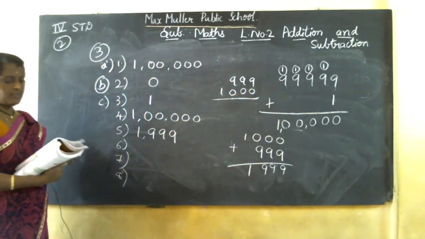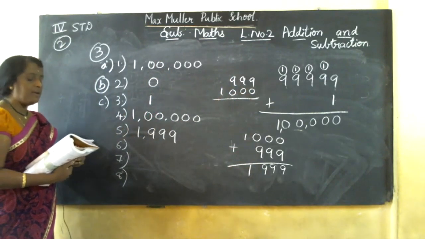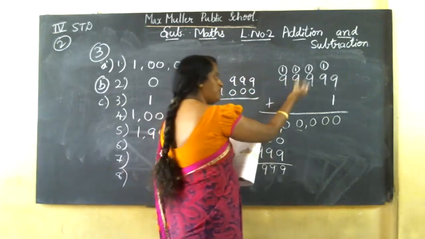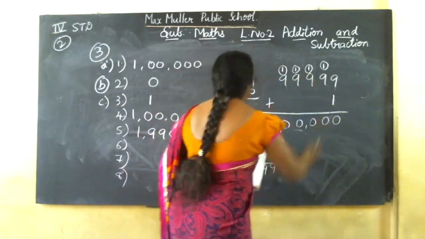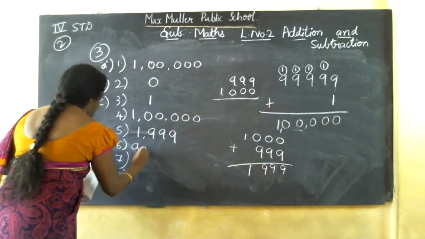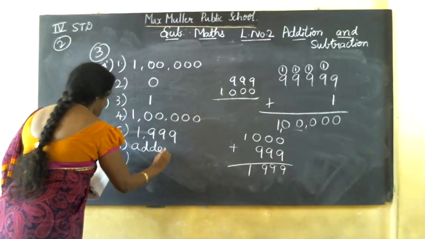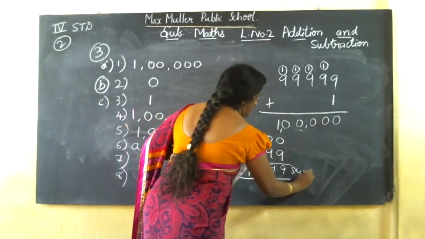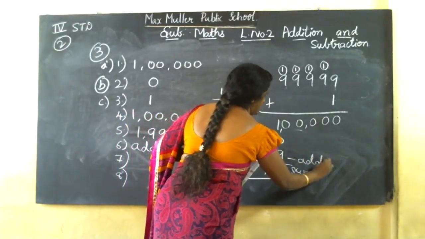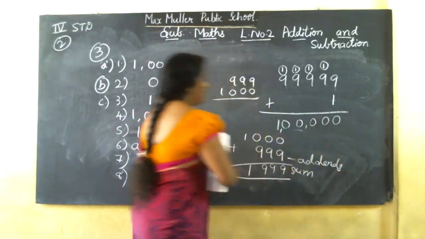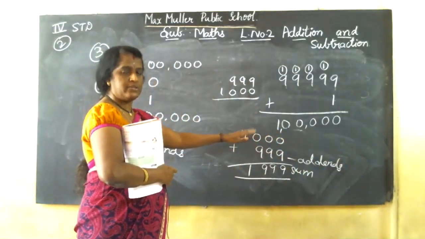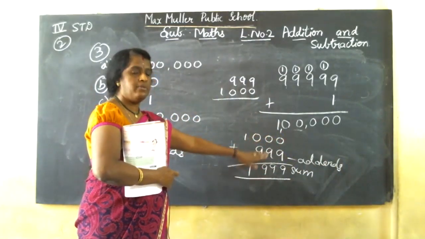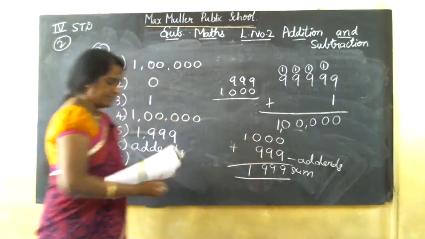Sixth one, the numbers or values being added are called addends. When added, these are the addends. See, this is the sum. This is the addends.